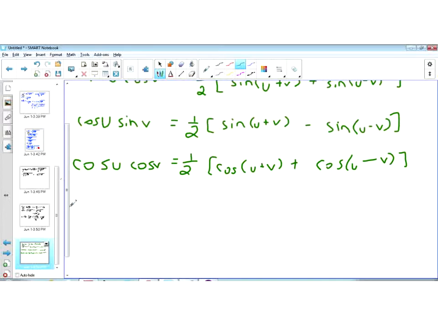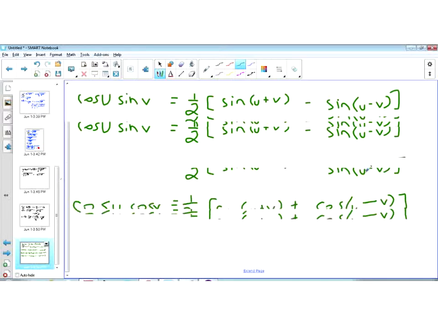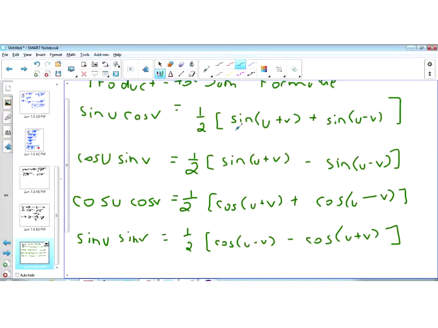Okay, and then the fourth one, of course, would be the sine of u times the sine of v, and that would equal 1/2 times the cosine of the difference of u and v minus the cosine of the sum of u and v. Okay, so now with these formulas, I'm going to use them to solve problems.